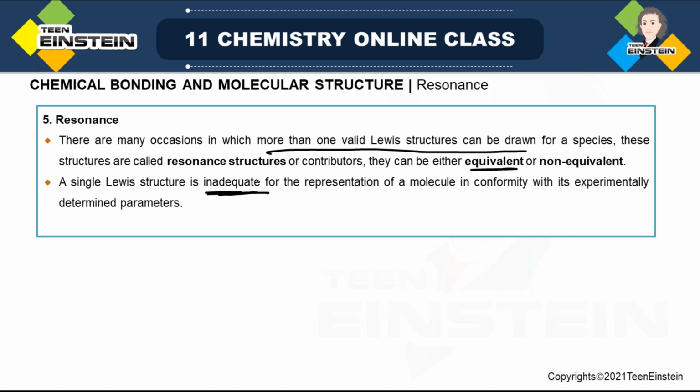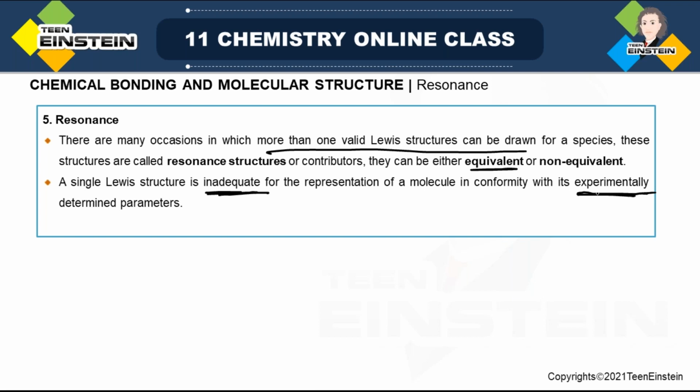That is, from the single structure, the bond length that you expect, you do not get in the experiment. But when you consider the contribution of both structures, or I can say you consider the average contribution of these 2 or 3 structures, then you will see it matches the experimental observation.